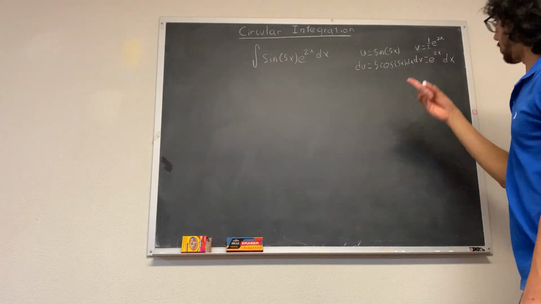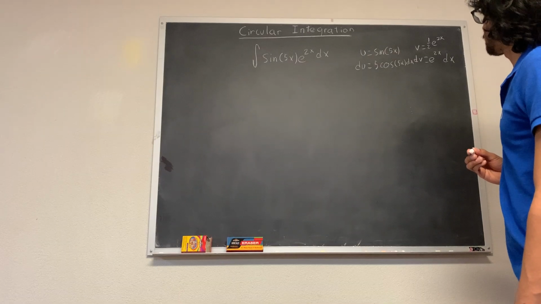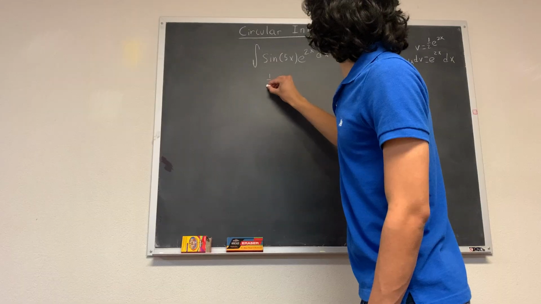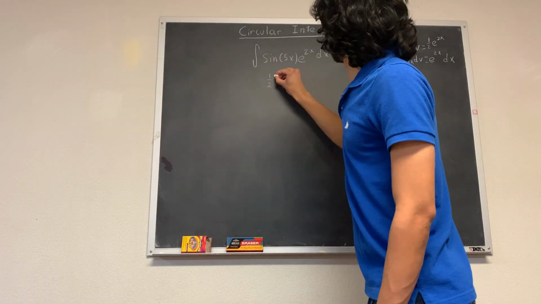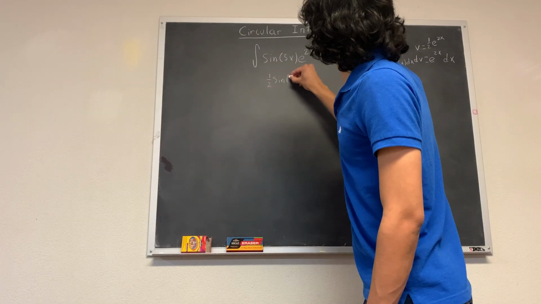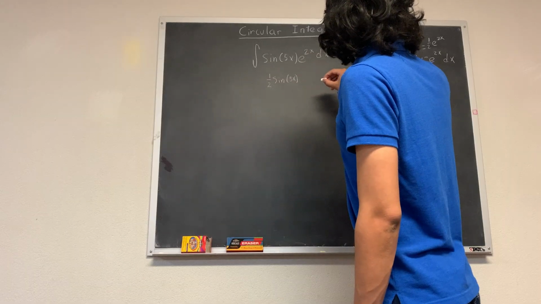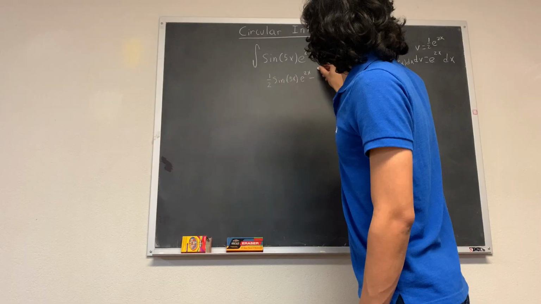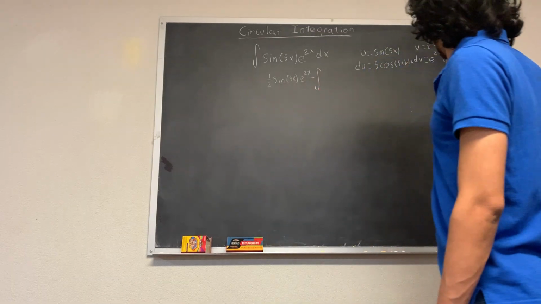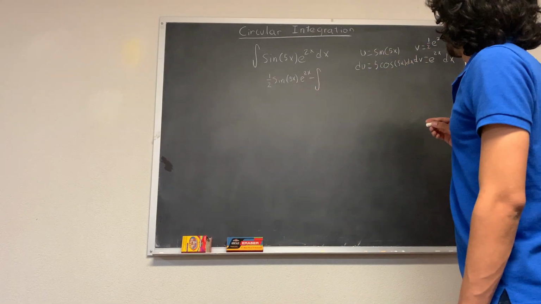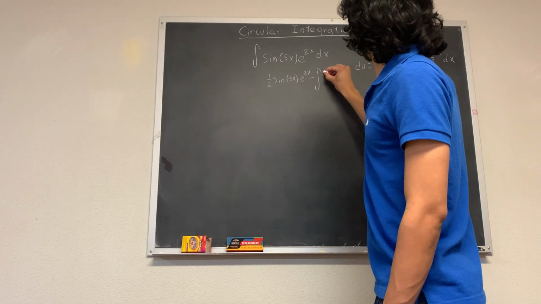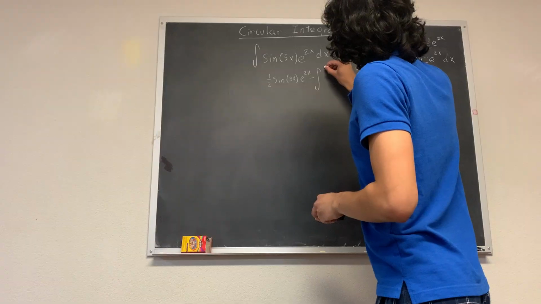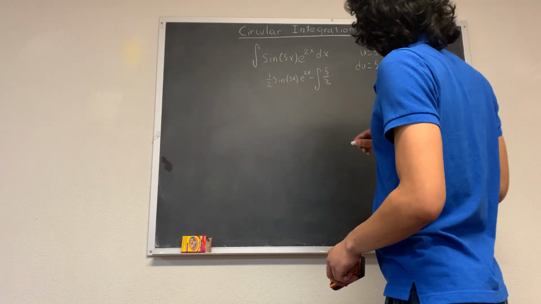So now we have all of our values, and it's looking pretty good. So let's just plug them right into our equation. So now we have 1/2 sine of 5x times e to the 2x minus the integral of v du, and so that's going to be minus 5 over 2.